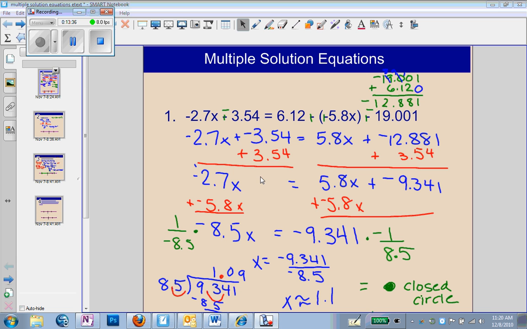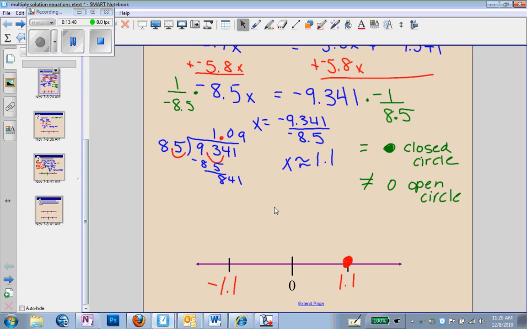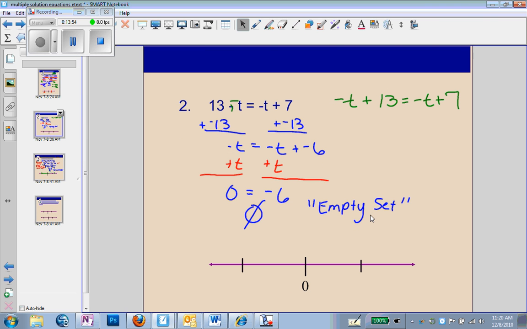So today we've learned that when you solve an equation, if x equals something, or if your variable equals some number, you use a closed circle and put it on the number line, wherever that number is, to denote that that's the solution, that x equals that particular number. We've seen that when we solve an equation and nothing works, that's the empty set, and we graph it by having a blank number line, so we actually don't graph it.